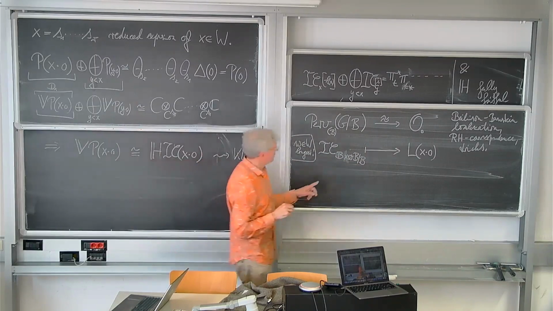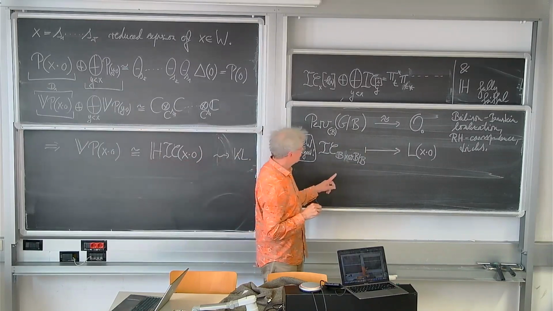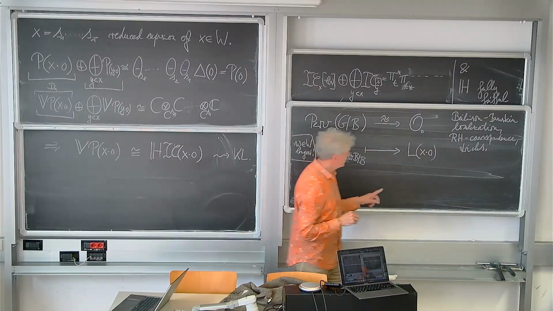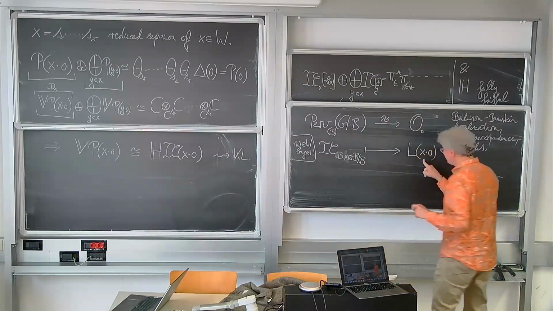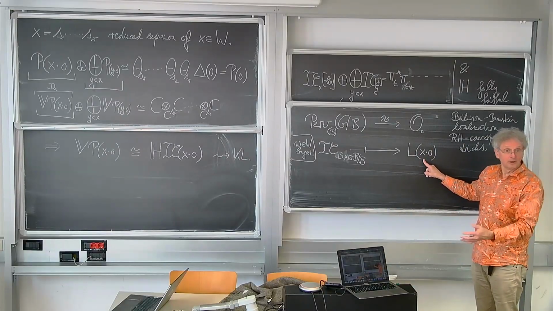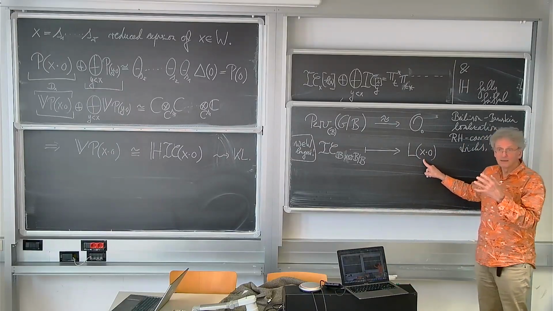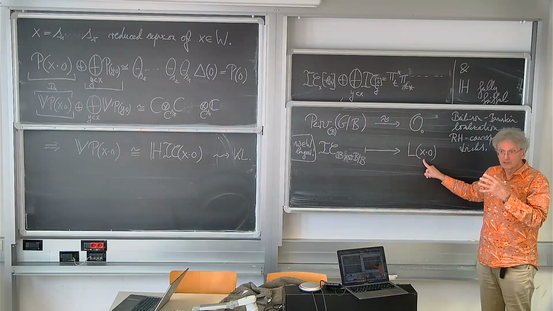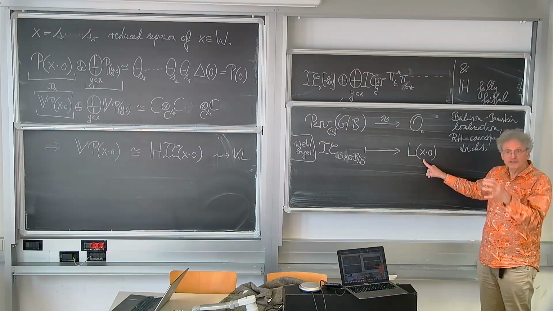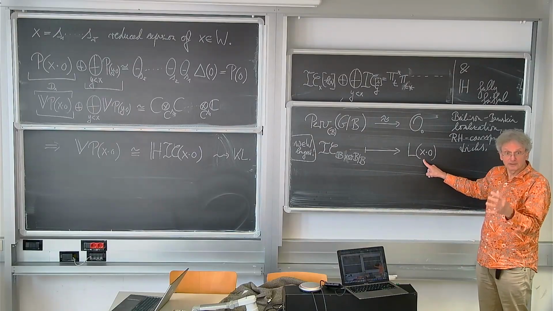Right. For example, if we have the trivial one-dimensional representation, under localization I need a D module whose global sections are just the ground field.